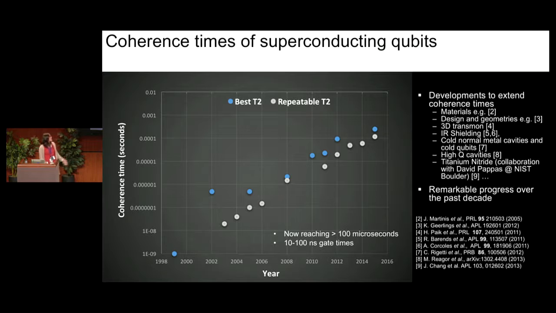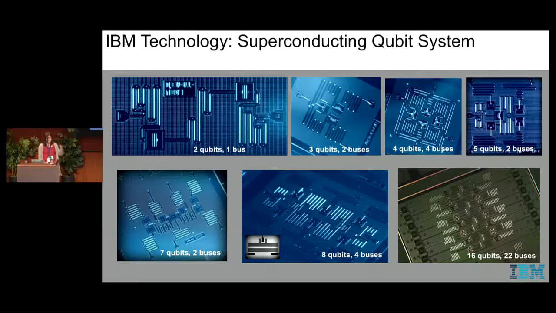And this is also an active area of research where we're studying some materials or other things to try to improve coherence. So in terms of scaling, here are different devices that we've had at IBM, starting from a 2-qubit device that I showed you earlier, 3, 4, 5. This is one of the Quantum Experience devices, the 7, 8, and then the 16-qubit, 22 buses.